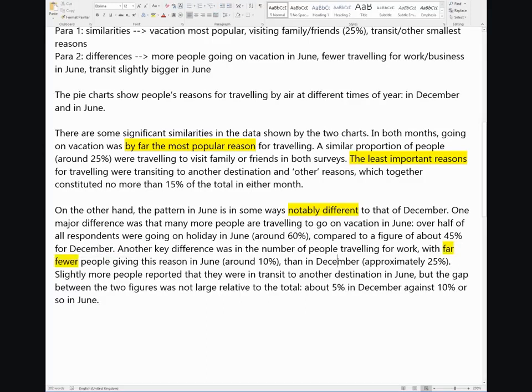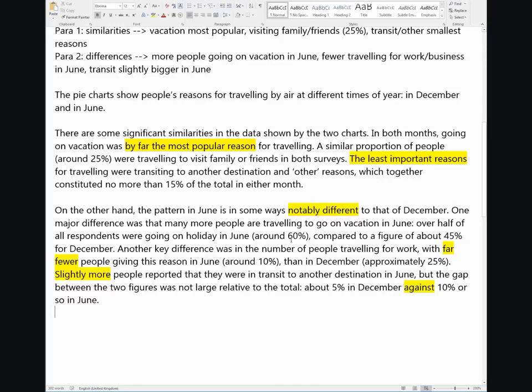So that's another phrase. Again, just using an adverb like slightly more people. And then at the end, I use this against to compare 2 figures, 5% against 10%. Now you can't use that everywhere, but it's quite useful if you're comparing 2 figures.